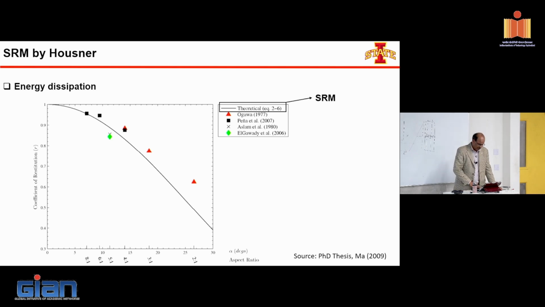The different points that you see here are the different structures, different systems that people have established, and whatever they reported as a coefficient of restitution. This theoretical curve tells you how they follow a trend here as well.